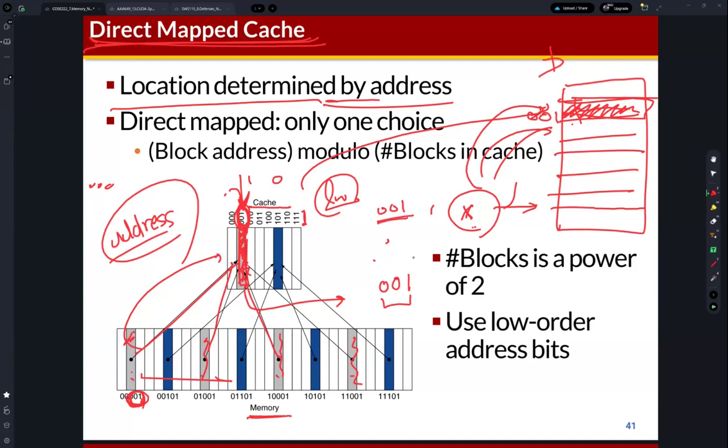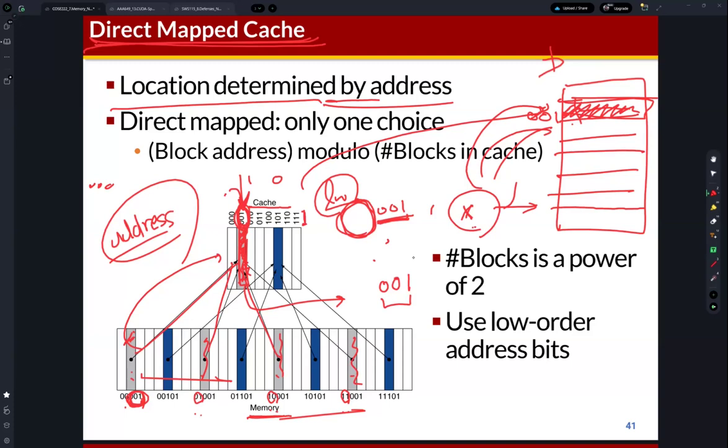And then because we just know the part of the address, we don't need to store the entire address bits, right? We can just store the remaining bits of the address. So in this example, if we just store the upper 2 bits, like 00, 01, 10, 11, then we can identify data in a cache, right?